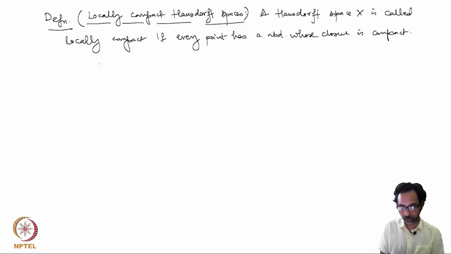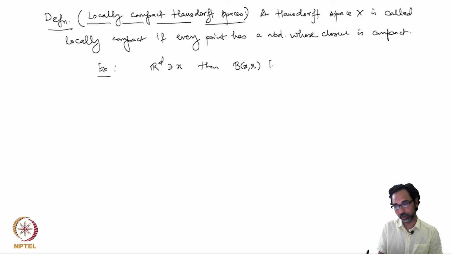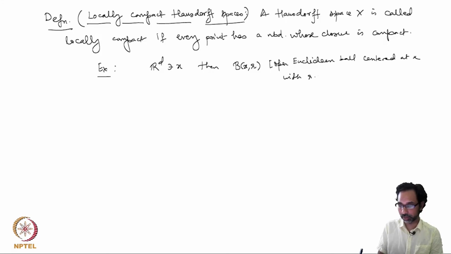Of course, as an example, we already have Rd. This is due to the Heine-Borel theorem, because if x belongs to Rd, then B(x, r), the open Euclidean ball centered at x with radius r, has compact closure for all positive r.